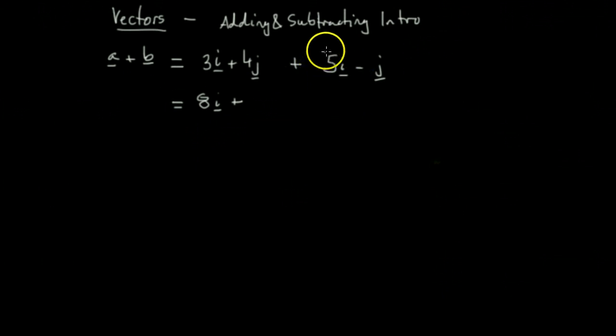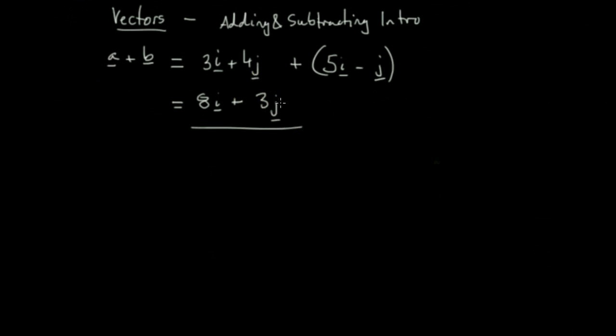So in a way you can think of these as having brackets, because if that was a minus and this was a minus 2, then obviously you would add there. So here you have plus 4 minus 1 plus 3j. And that is how you add two vectors algebraically like that.